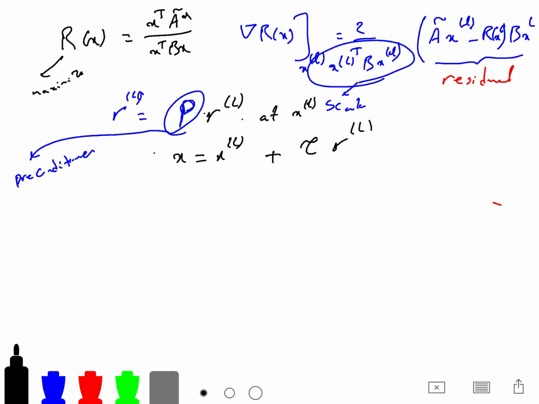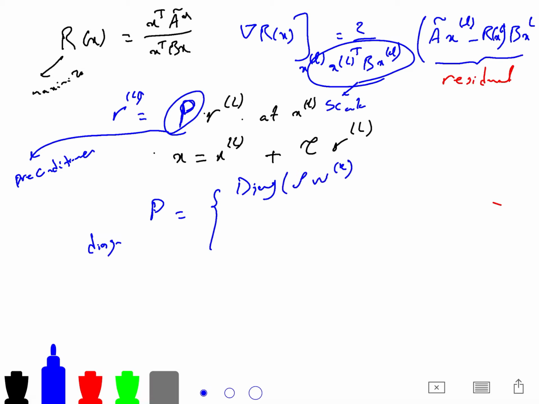So preconditioning is an important technique in iterative methods for solving large-scale linear equations. For example, the widely used preconditioned conjugate gradient method. It can also be used for the eigenvalue problem. For example, your P is diagonal. Take this one, for example, plus the diagonal of A, and the inverse of this, and otherwise.